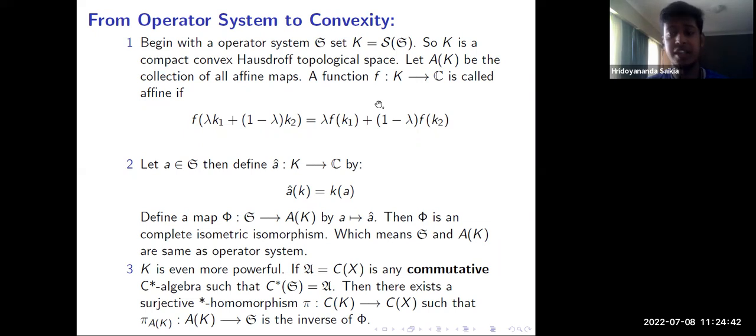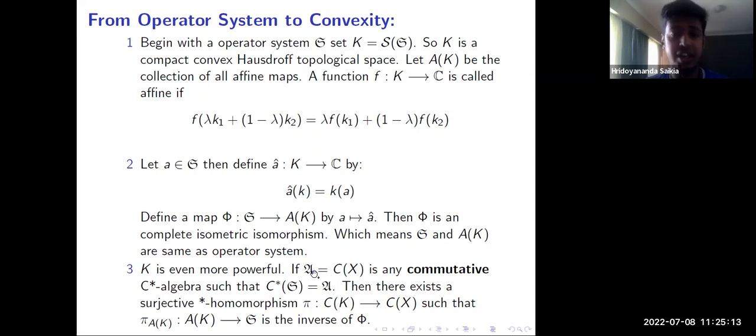Then I can talk about A(K). Since A(K) is isomorphic to the operator system S, that means I can embed the same operator system in C(K). Now the question is, does there exist any relation between the old C-star algebra C(X) and the new C-star algebra C(K)? The answer is yes.